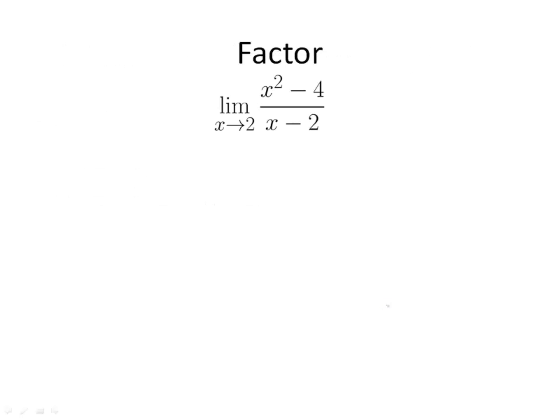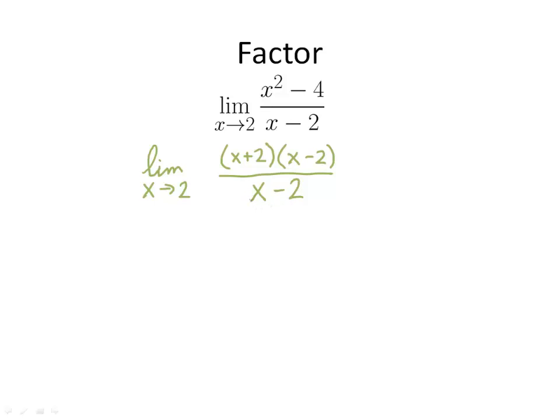Our first example, factoring, we can factor the top. So the limit as x approaches 2, x plus 2, x minus 2, all over x minus 2.